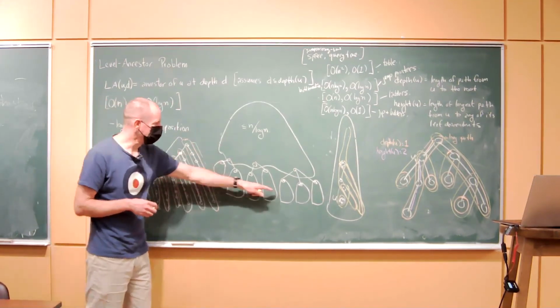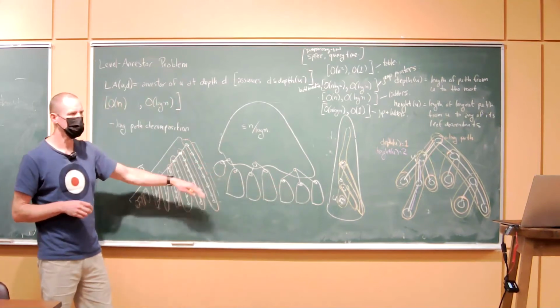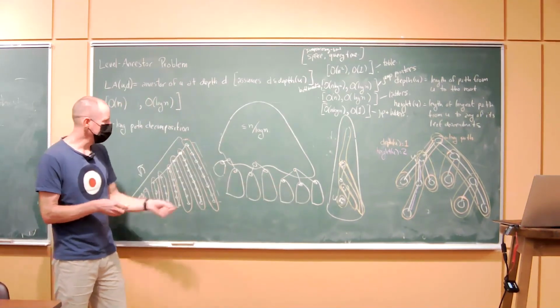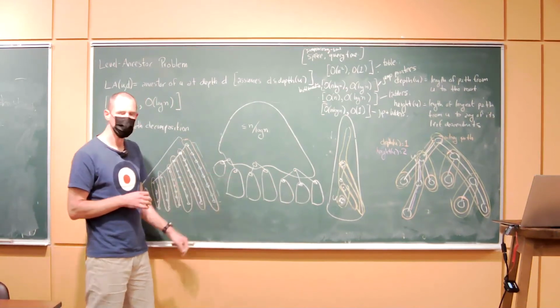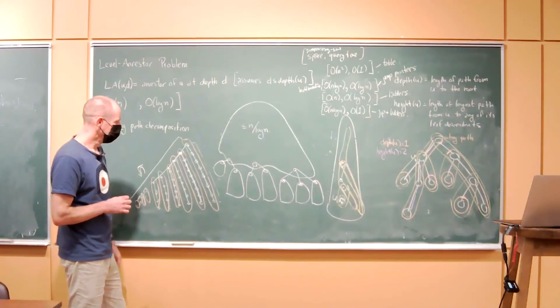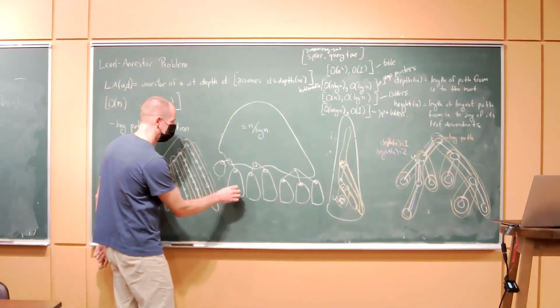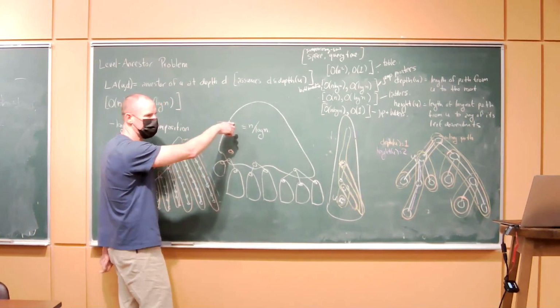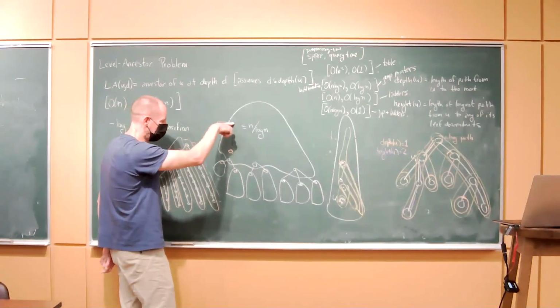Then we need to figure out what to do down here. We've still got to deal with the small trees. But this will already handle a lot of things. Like if you give me a query node in this tree and a depth, then for sure I can just answer it. There's no problem there.